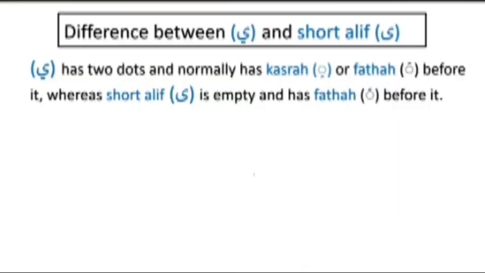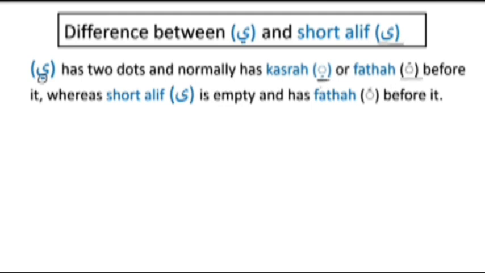Okay, first we saw the difference between alif and hamza. Now let's see the difference between ya and short alif. Short alif, as we can see over here. So ya has two dots, and normally has kasra before it, as we saw the signs kasra or fatha before it.